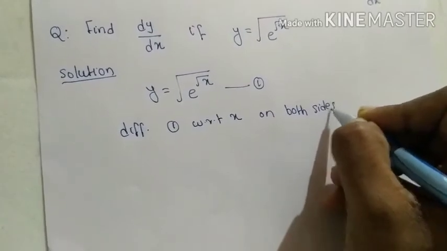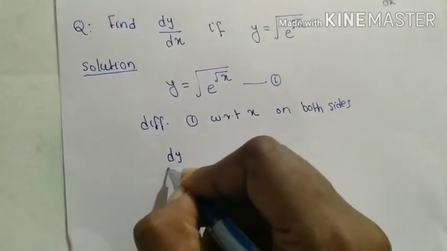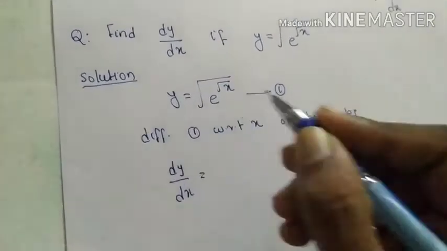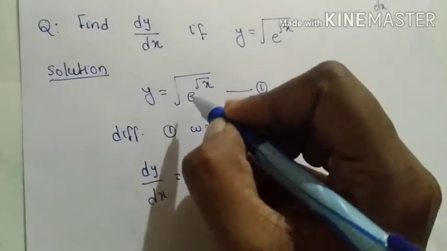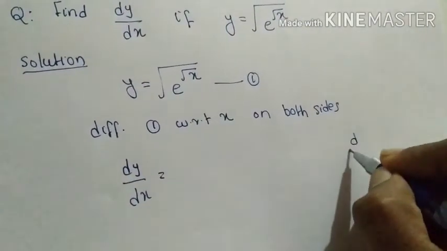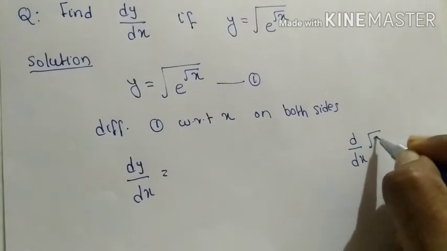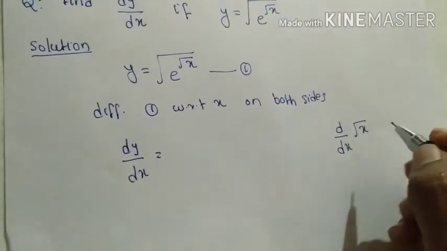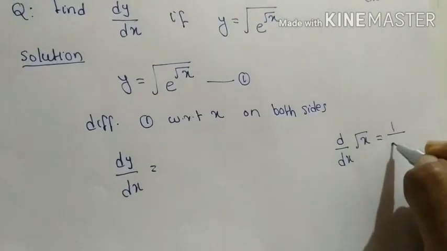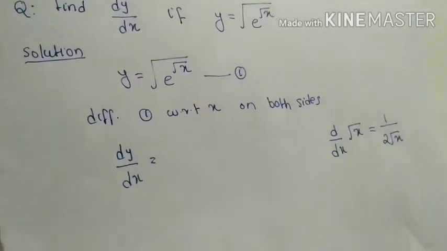we get the derivative of y as dy by dx. Here, we know that the standard derivative of root x is 1 by 2 root x.